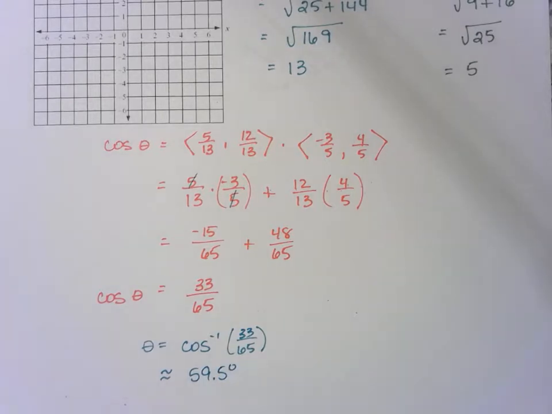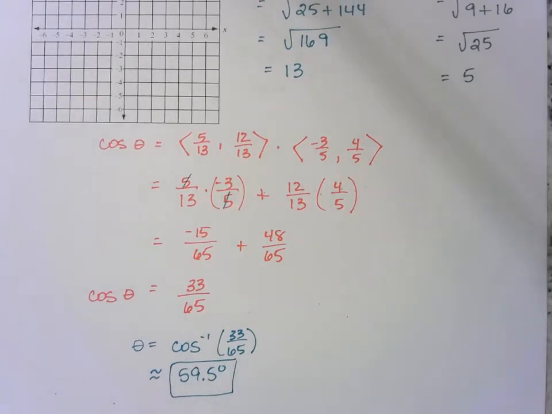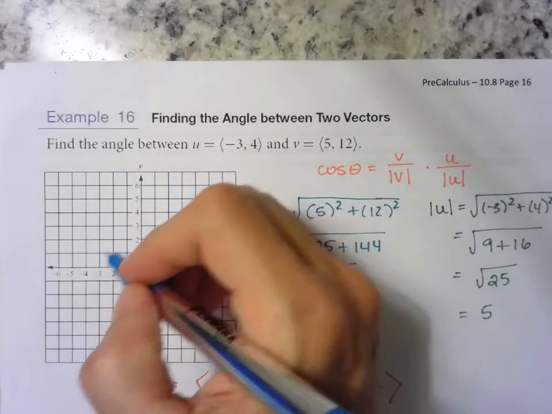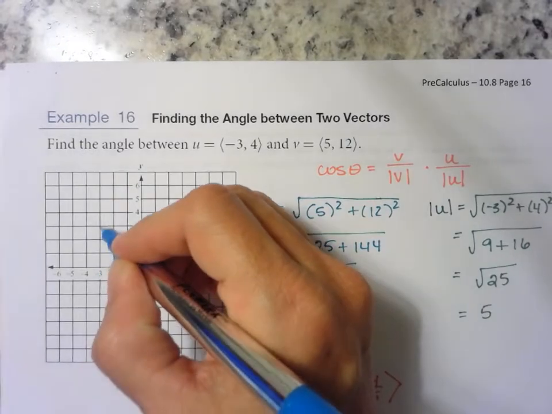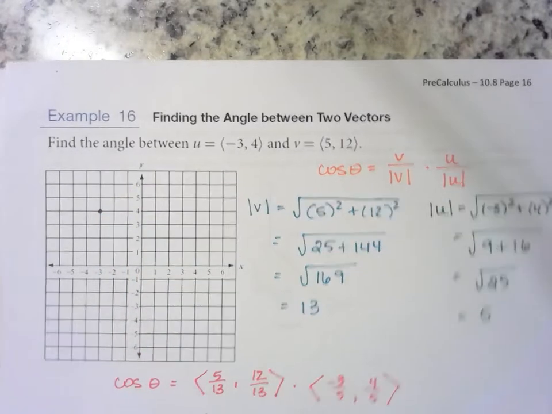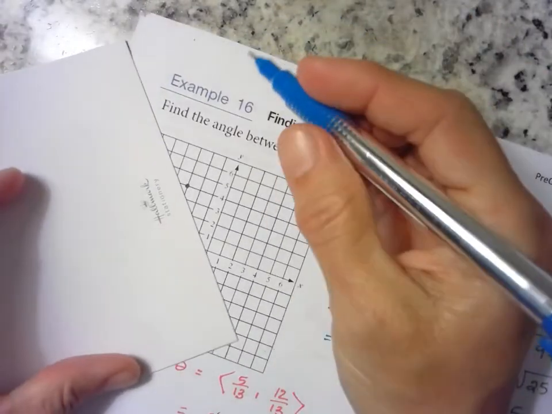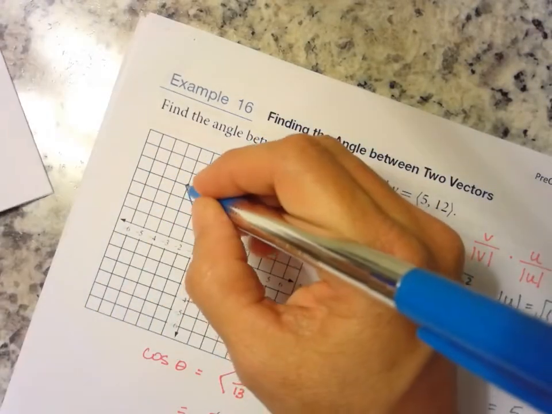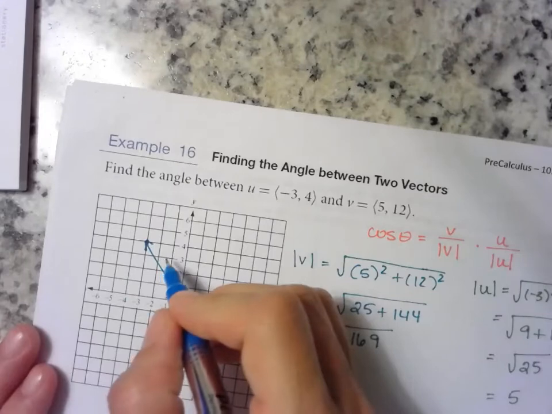59.5 degrees. Let's see if that makes sense with our picture. So if we were to graph these two vectors, negative 3, 4, have a straight edge, and I still drew a crooked line.